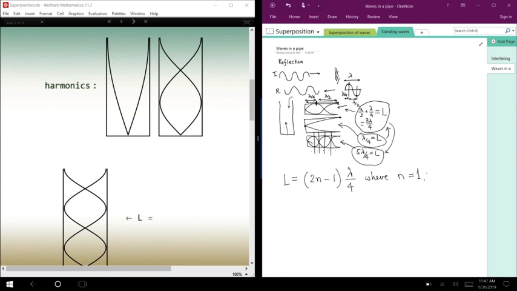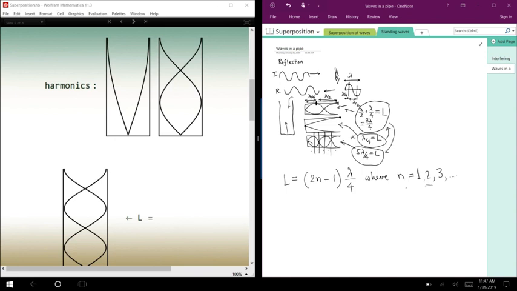So n equals 1, 2, 3, etc. are allowed, right? If n equals 1, then we get 2 minus 1, which is 1 lambda over 4. So that's our first situation over here. n equals 2 will give us 3 lambda over 4, and so on, right?